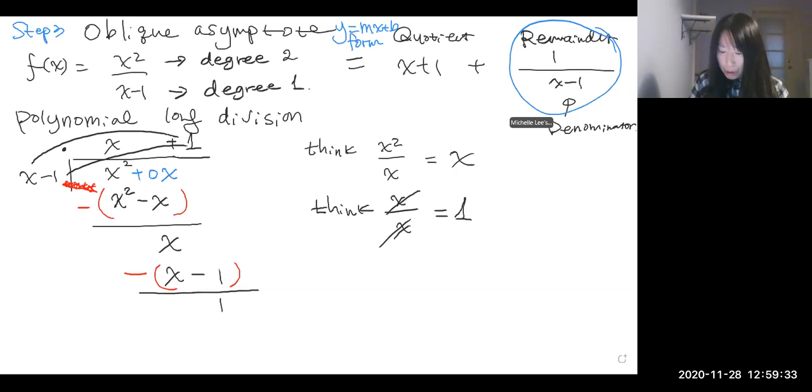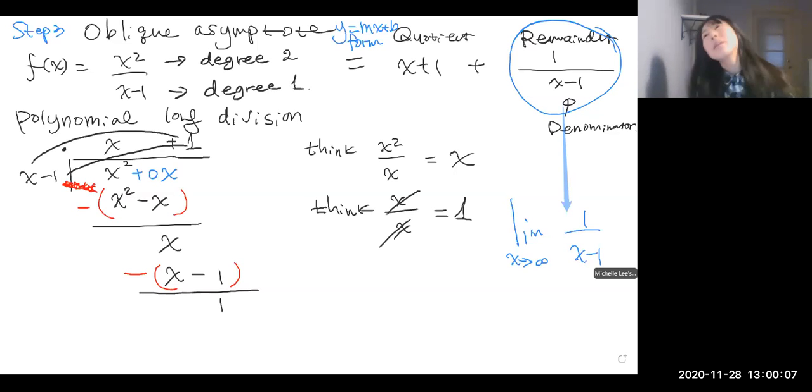Okay, let me write down this way. Take the limit as x approaches positive infinity of 1 over x - 1, okay?